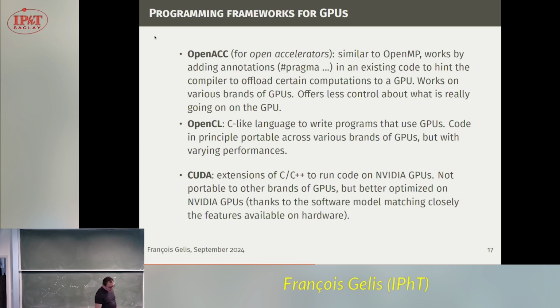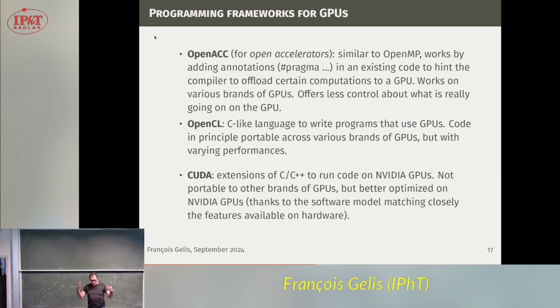CUDA is not the only programming framework to write code for a GPU. There are two more at least, and certainly others which are less well known. One is called OpenACC. ACC is the beginning of accelerators, and OpenACC is a little bit similar to OpenMP.